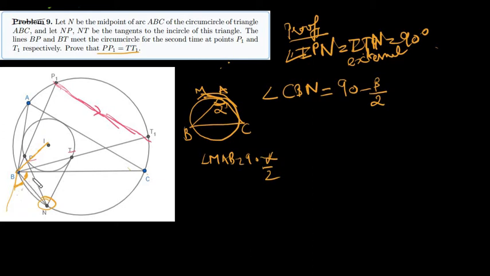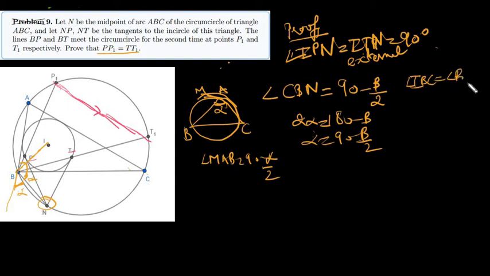So both these angles are alpha, but the sum of both of them is 180 minus the angle B here. This is angle B, not some beta. We know that 2 alpha is equal to 180 minus B, so alpha itself is equal to 90 minus B over 2.